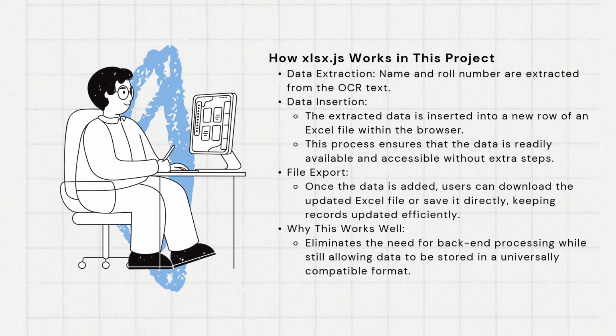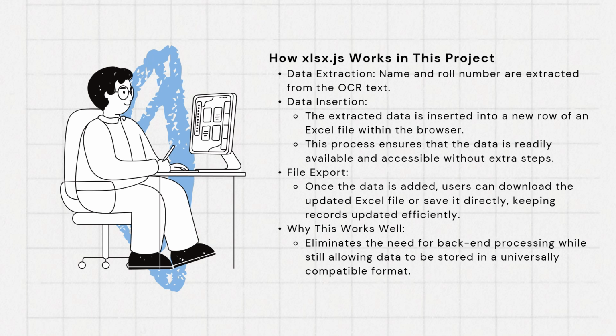How it works in this project. Data extraction: name and enrollment number are extracted from OCR text. Data insertion: the extracted data is inserted into a new row of an Excel file within the browser. This process ensures that the data is readily available and accessible without extra steps.